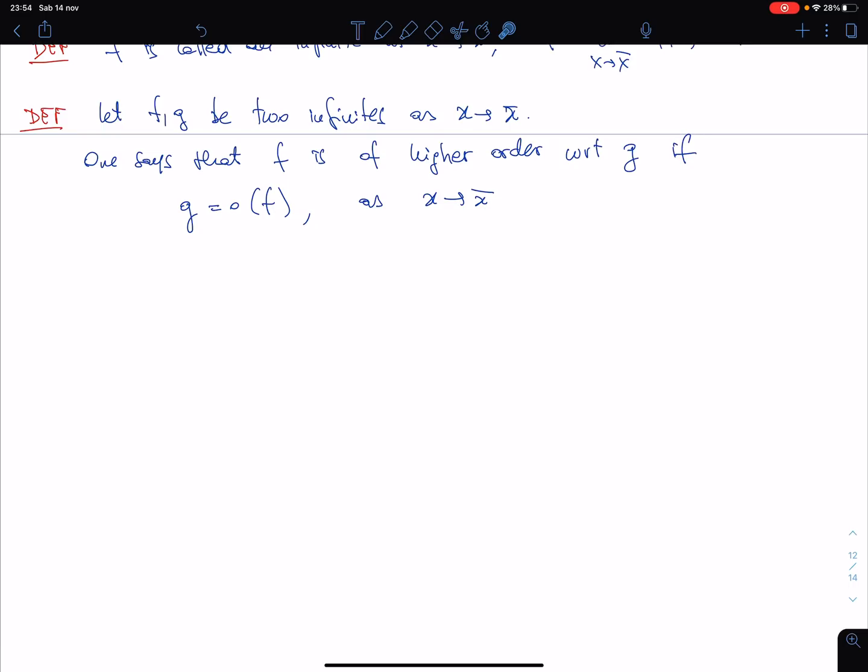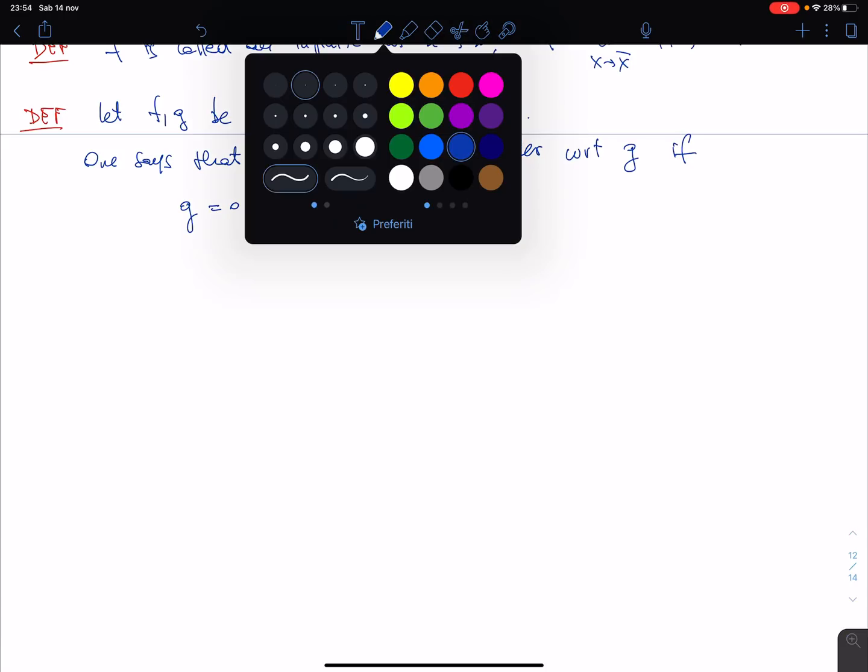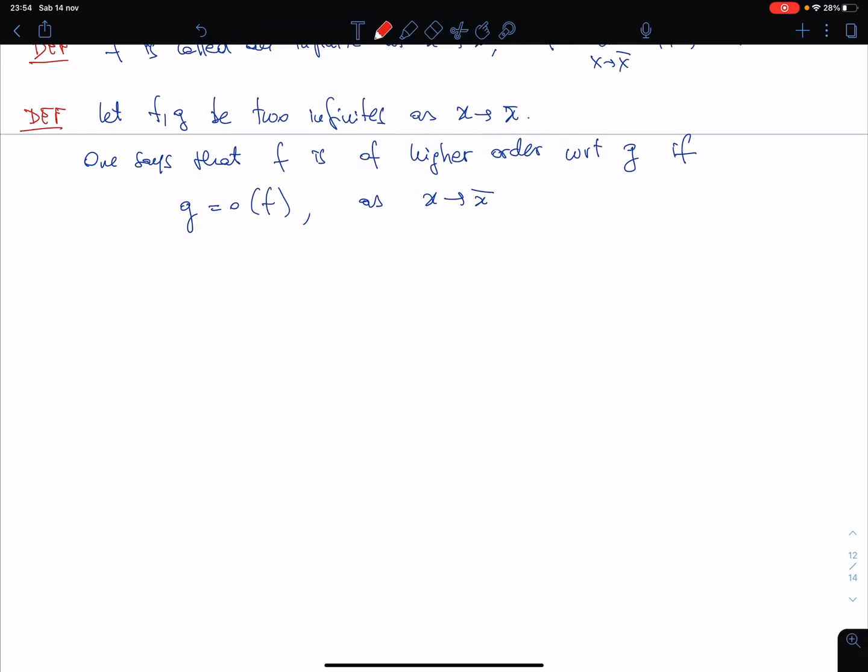And of course, there is a notion of principal part again. So here the definition is the following.